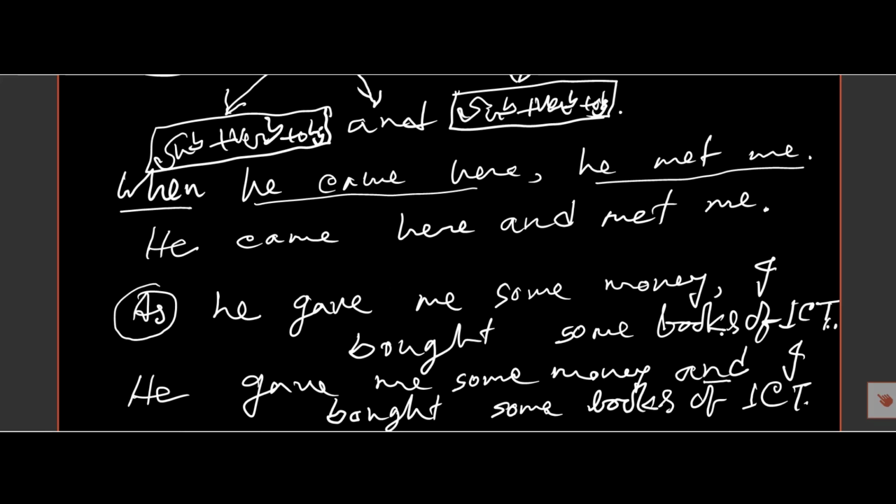Removing the comma, we put the conjunction and here, and then the other part. So: he gave me some money and I bought some books of ICT.